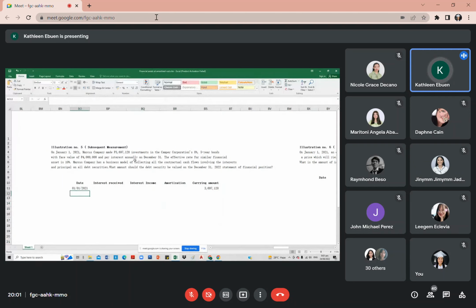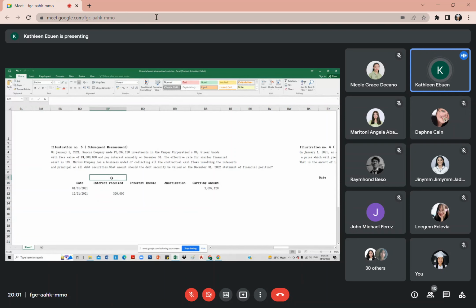So, ang payment daw ng interest class is annually on December 31. So, next transaction natin is 12/31/2021. Magkano interest received? 320,000 po. Isa lang yung estudyante ko.